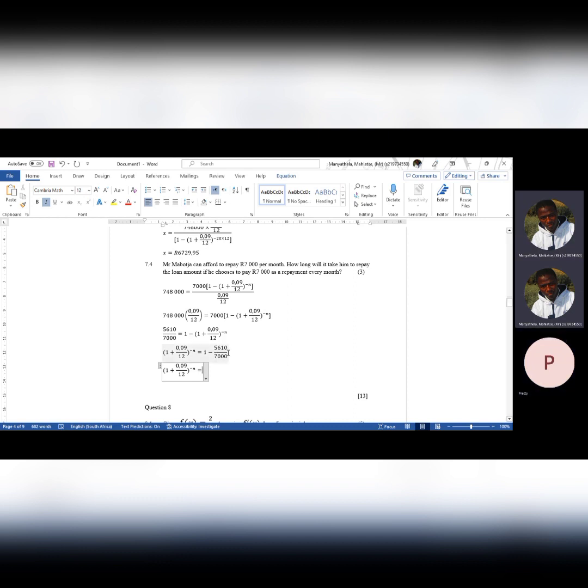I said if you have a situation like this, which is 1 minus or 1 plus, what you do is take 7,000, write it as a denominator, and on top do 7,000 subtract the numerator. So what is 7,000 subtract 5,610?